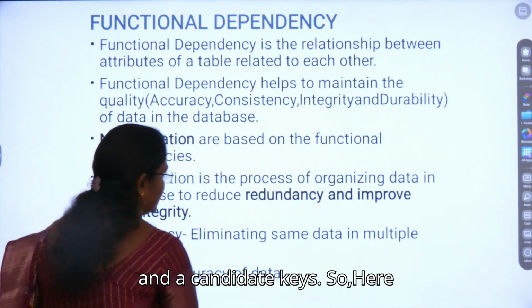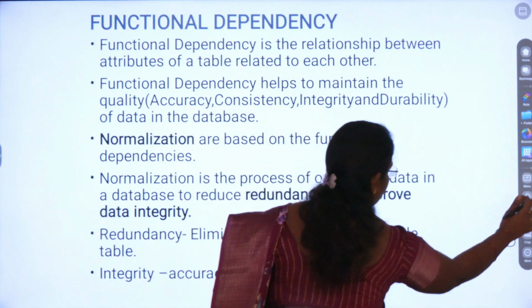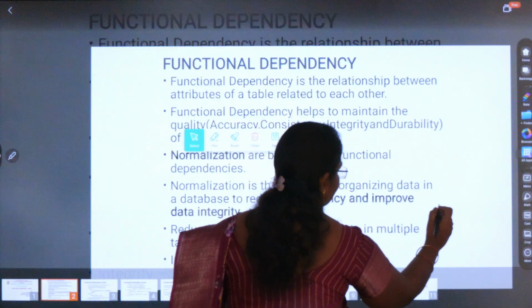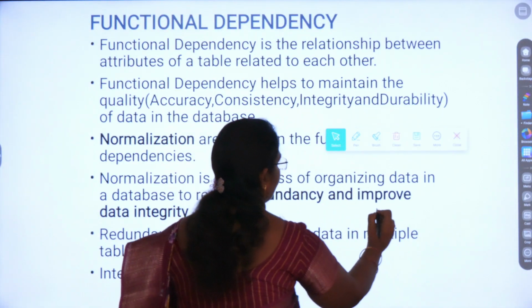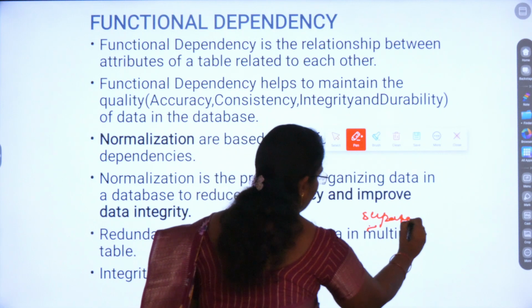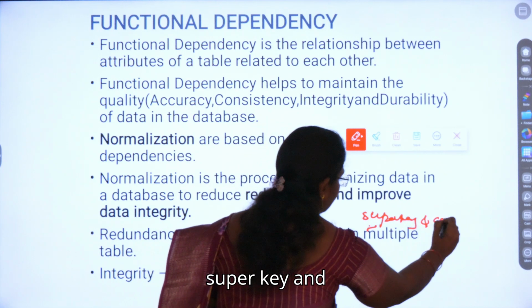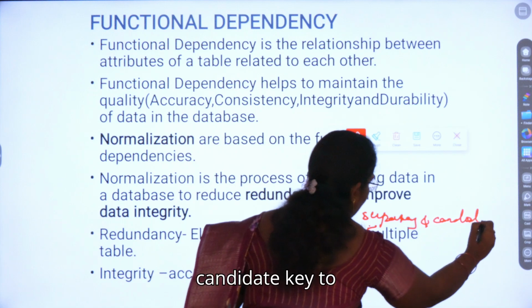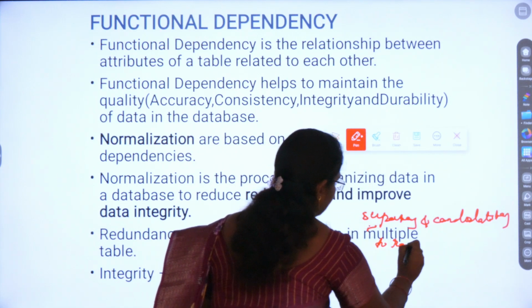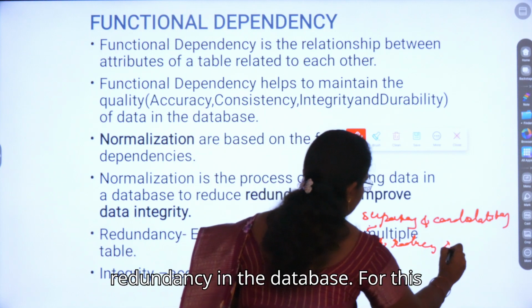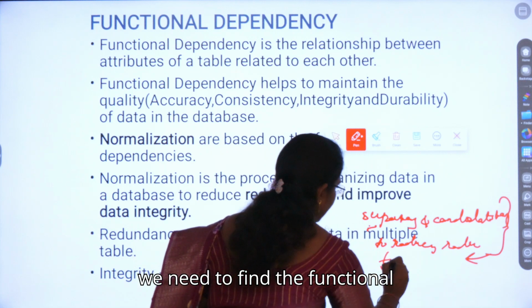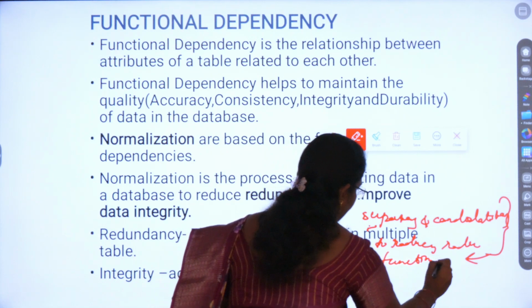Here we need a super key and candidate key to reduce redundancy in the database. For this, we need to find the functional dependency.